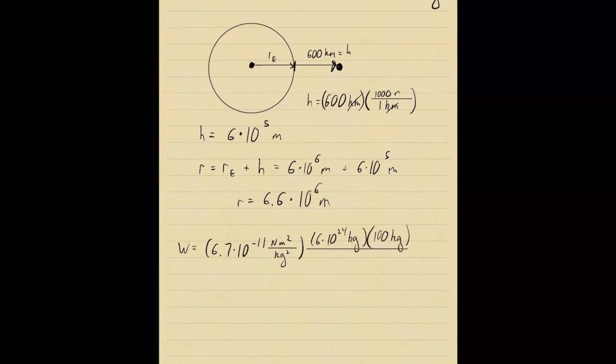And we're dividing by the distance from the center that we just solved for, 6.6 times 10 to the 6 meters, squared. We punch all this in and get that the weight of the person, 600 kilometers above the Earth, is 922 newtons. That's the answer for part B.